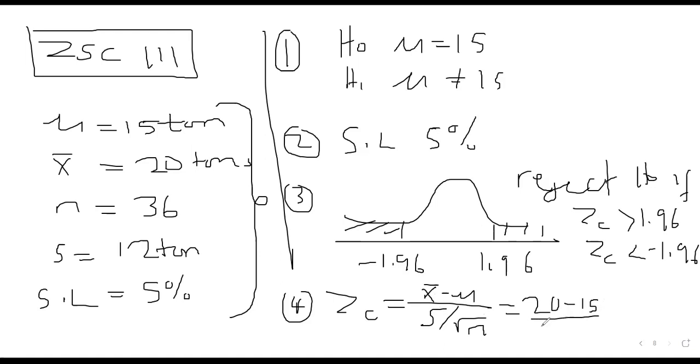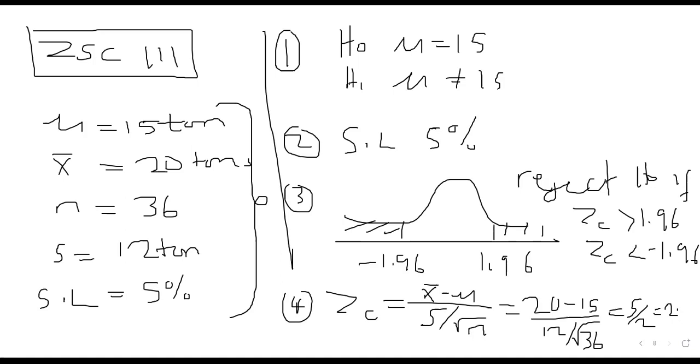The standard deviation is 12, over square root of 36. So 6 into 12 is 2. Then 20 minus 15 is 5. So 5 divided by 2 is 2.5.